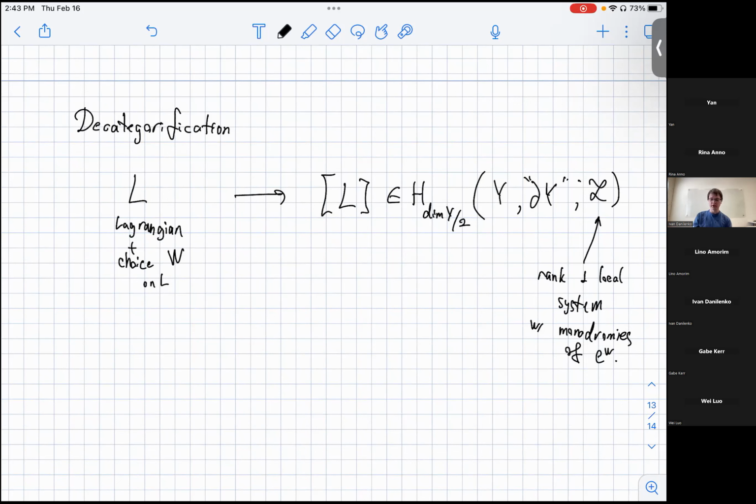So actually, this space appeared long time ago when people studied Knizhnik-Zamolodchikov equations and tried to find their solutions by taking integrals along certain cycles.